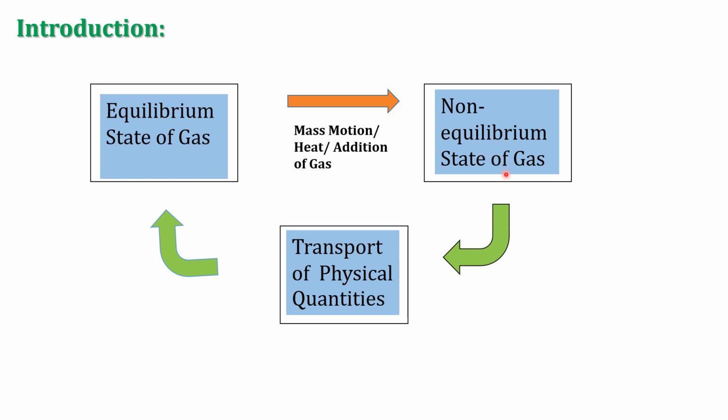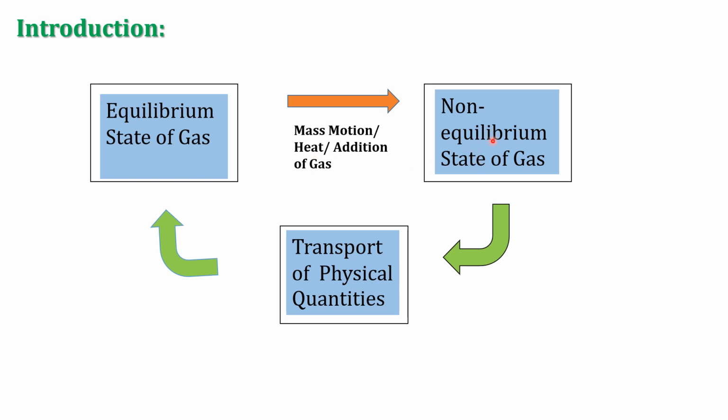In the non-equilibrium state of gas, different parts of gas have different velocities. This is due to mass motion or flow velocity. Different parts of gas have different temperature. This is due to addition of heat.